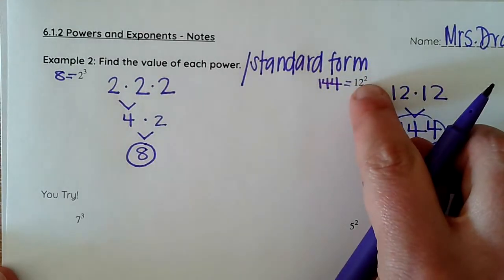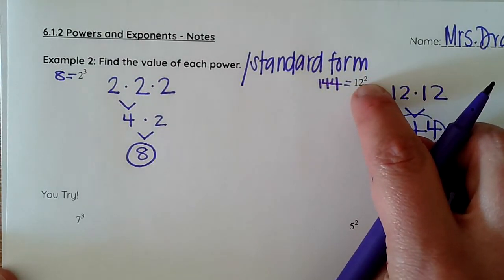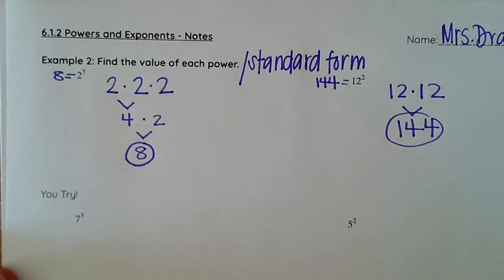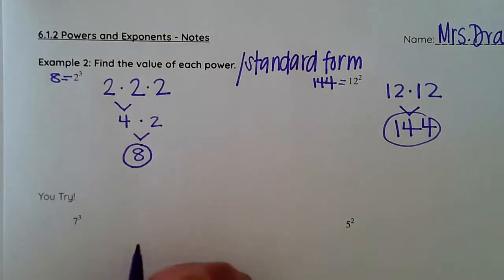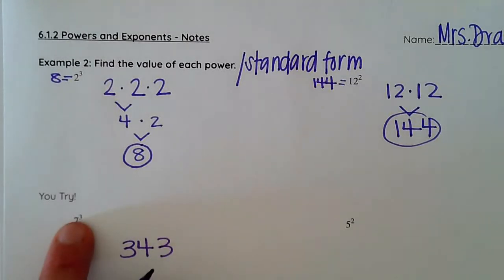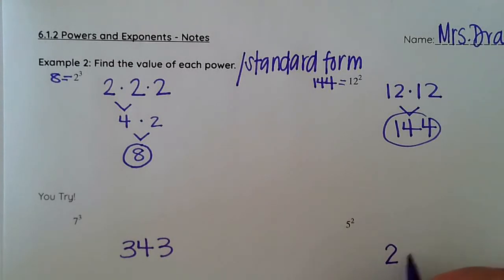When we've got that little 2 up there, we can also read that as squared. All right, so we've got 2 more practice problems here. Why don't you pause the video and try those yourself? Okay, so hopefully you got 343 for 7 to the power of 3. And 5 to the power of 2, we get 25.